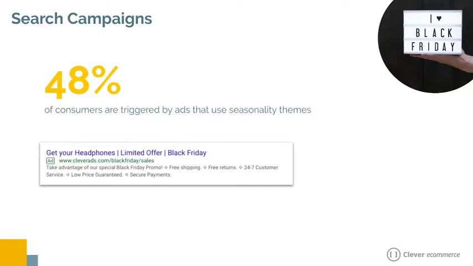So let's go to search campaigns, okay? 48% of consumers are triggered by ads that use these seasonality themes. What does this mean?